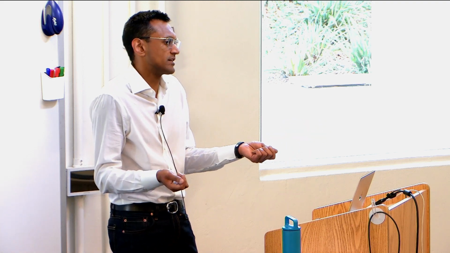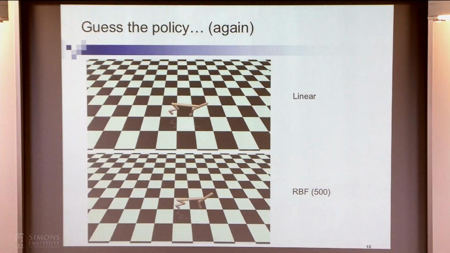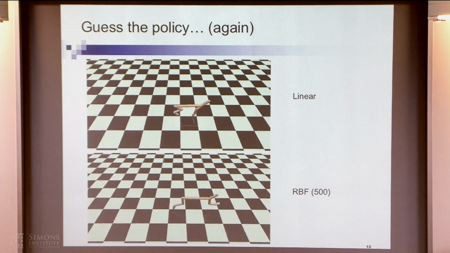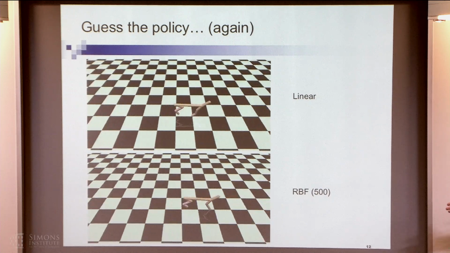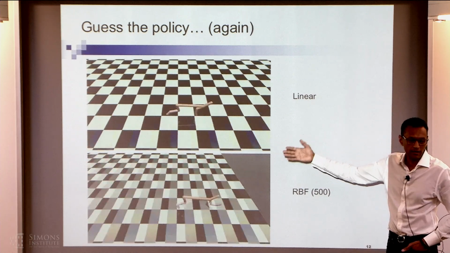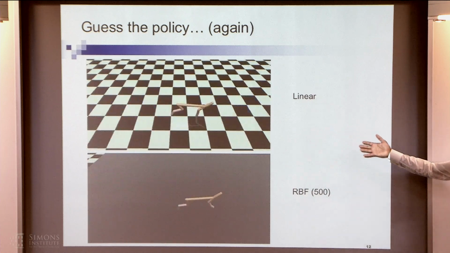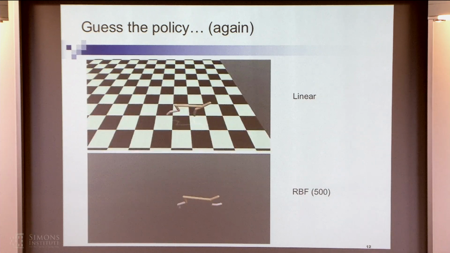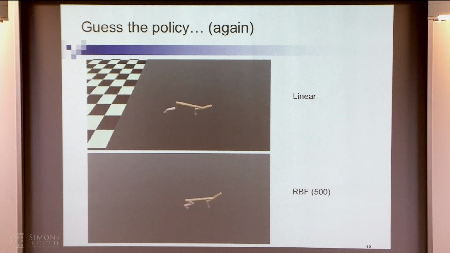Once you see linear works well, it's kind of obvious that just bolting on a little extra stuff is going to make it work well. But okay, the main thing I want to emphasize here is that from the robotics standpoint, linear basically solves the task. And getting it to improve from there isn't really that difficult by just augmenting some nonlinearities.